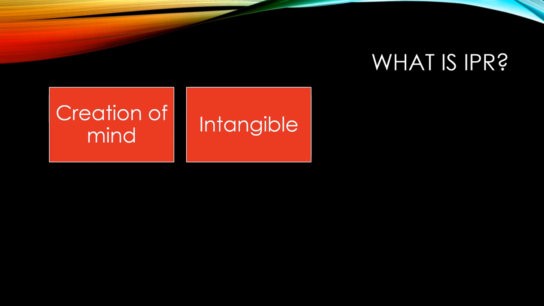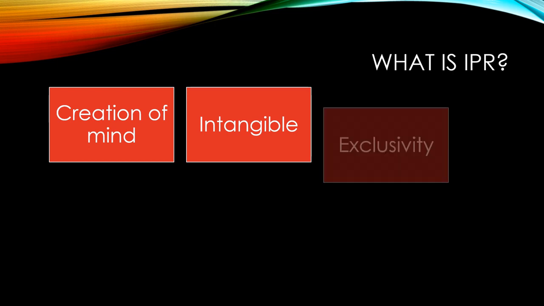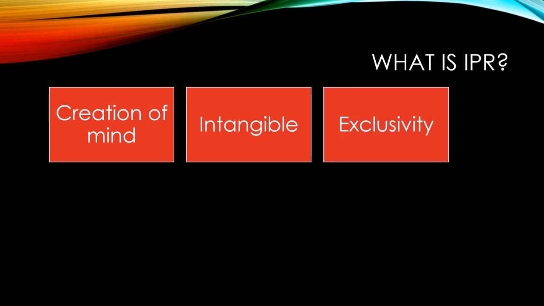They are intangible. Then intellectual property rights are all about exclusivity. That means if you have an intellectual property right, it gives you an exclusive position, thereby enabling you to claim that as an exclusive personality.